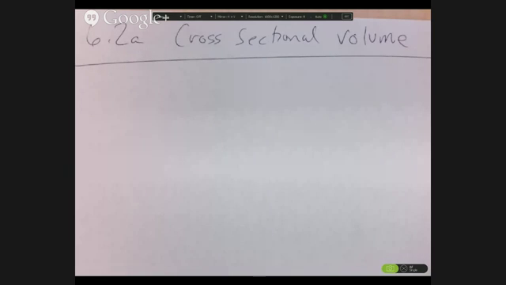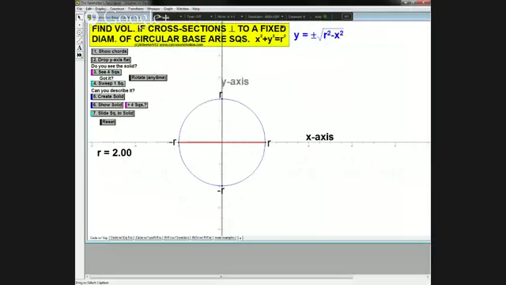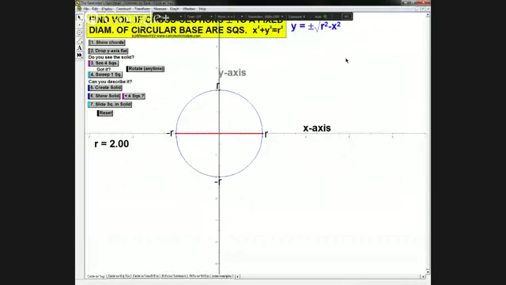All right, so if you're looking at cross-sectional volume, let me show you what this is all about. Find the volume.